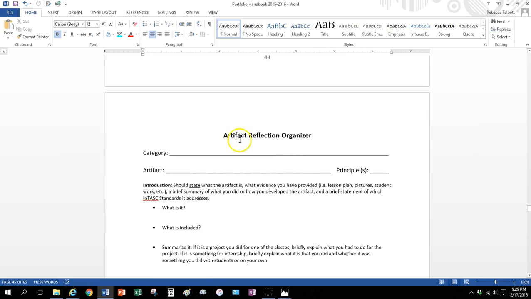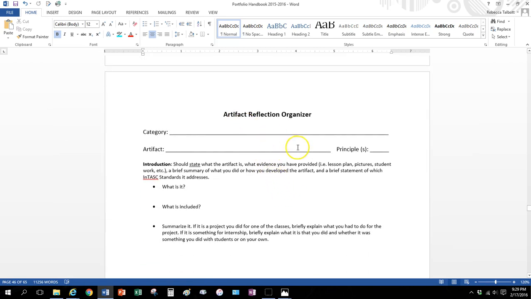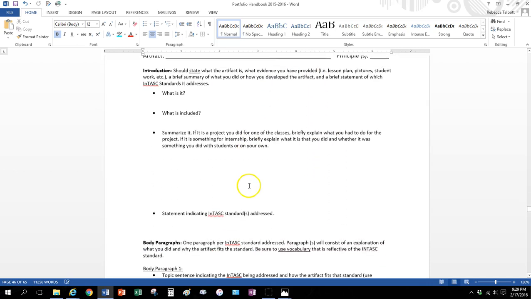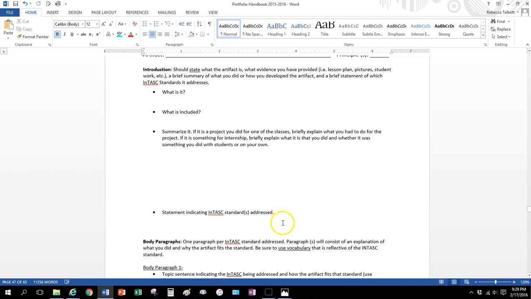To help you write your various reflections, there are artifact reflection organizers. Sometimes I'll have you fill them out. Sometimes I will fill them out ahead of time for you, and I will give them to you to help you write your essay. There are blank copies on the wall by the front classroom door.